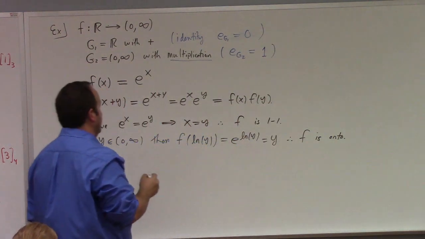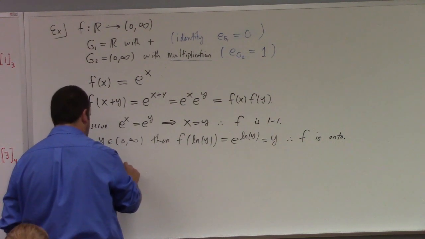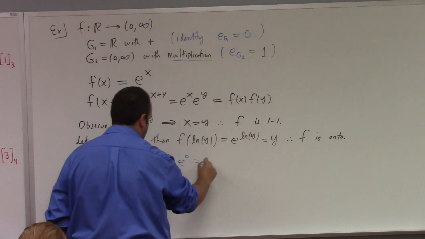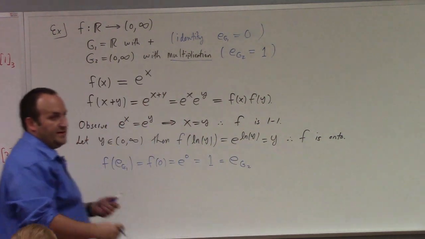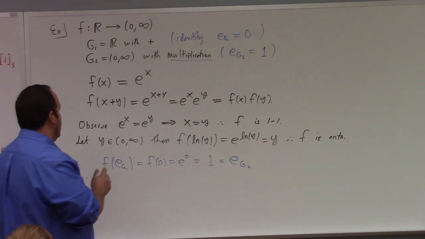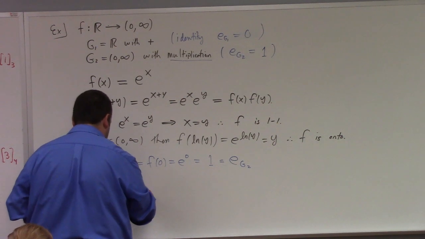So what happens when we take f of EG1, we get what? f of 0, which is e to the 0, which is 1, which, by the way, is EG2. Apparently, isomorphisms map the identity in the group to the identity in the target group, right? You could call G2 the target group if you want a term for it. What else? How about, what if we look at, what's f of minus x equal to?